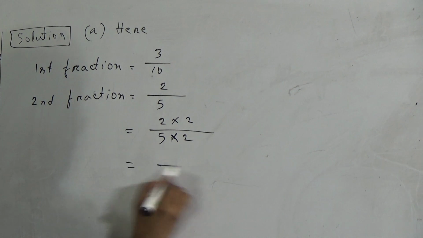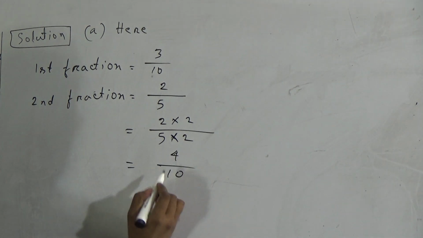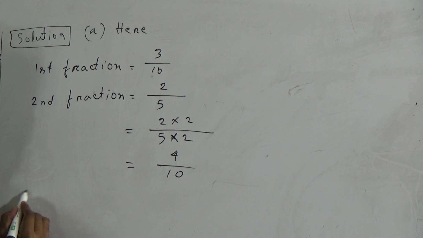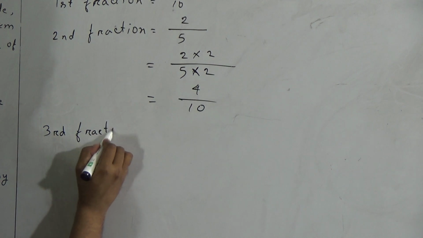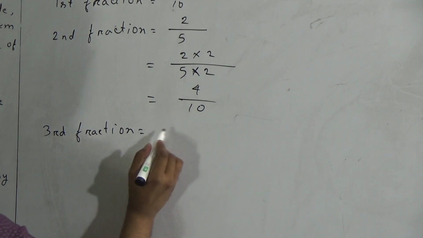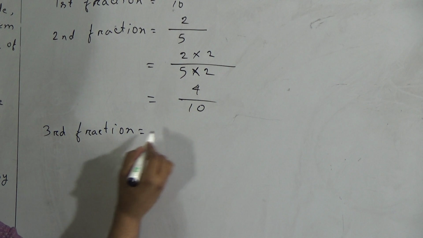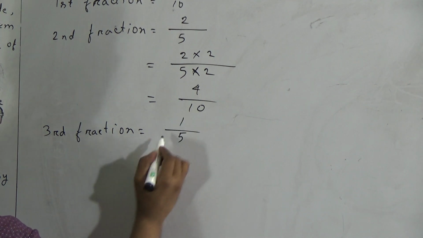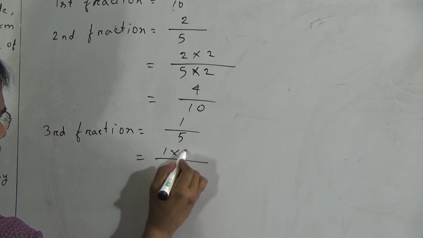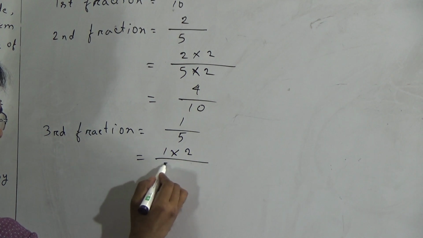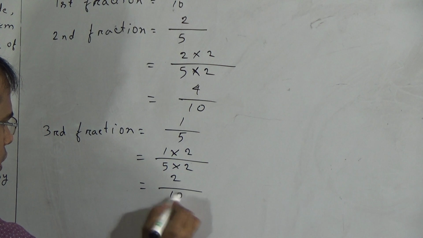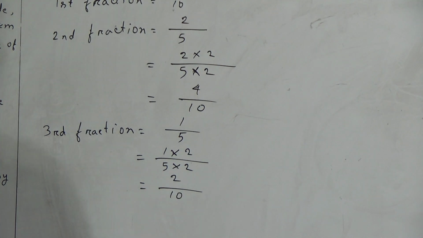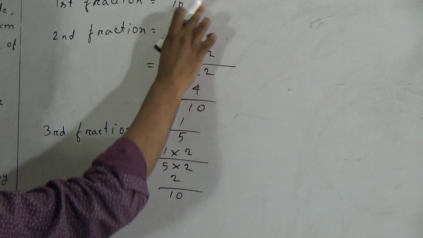Then it will be 4 by 10, same denominators. Now third fraction is equal to 1 by 5. 1 multiplication 2 and 5 multiplication 2. This is equal to 2 by 10.